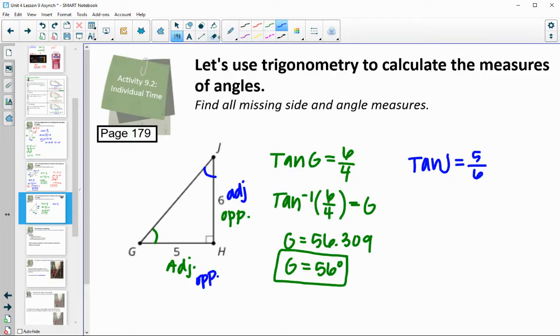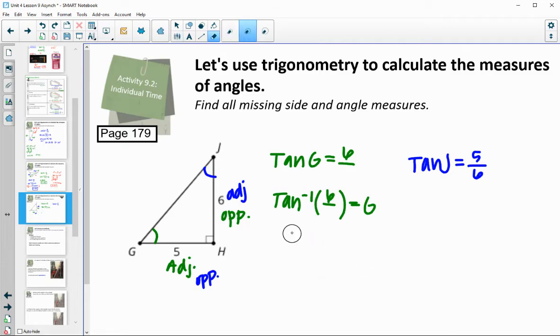Okay, this is wrong. All right, we got to go reevaluate that. Now I just wrote 4 again. Okay. All right. Let me get rid of this. Okay, so that should be 6 over 5.